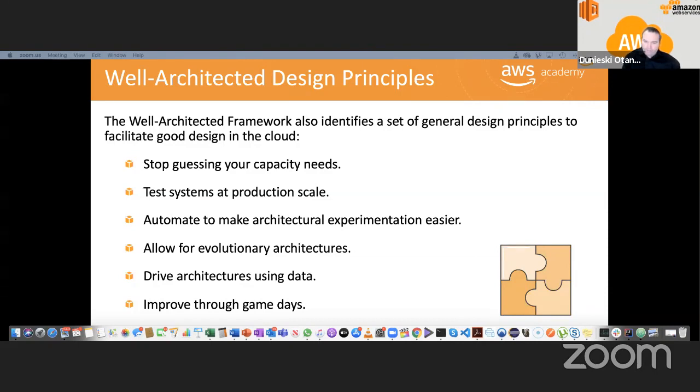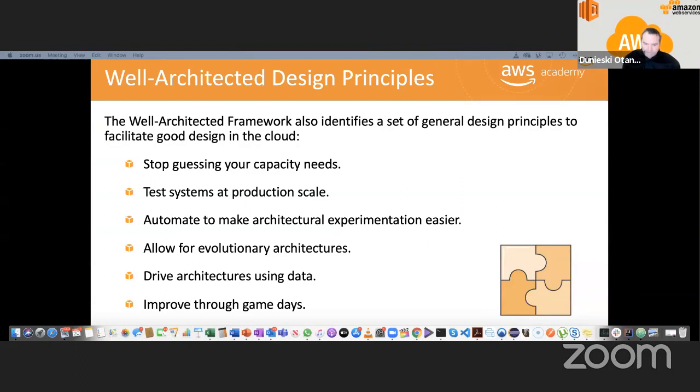Does it ring a bell? Trade capital expenses for variable expenses. Massive economies of scale. Go global in minutes. Stop guessing your capacity needs. Don't remember?